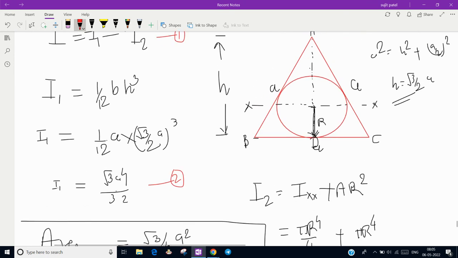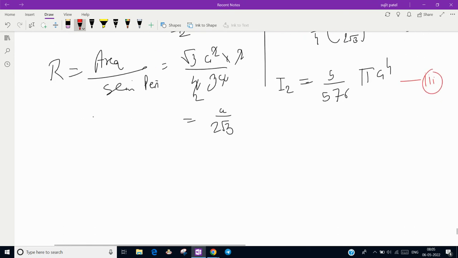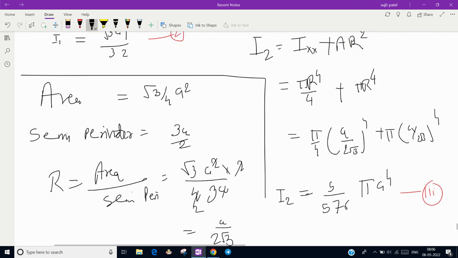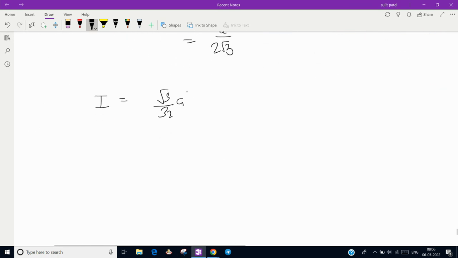Now what to do? Use 1, 2 and 3 in equation number 1. So you will get I, the required moment of inertia about the base, is root 3 by 32 a to the power 4 minus 5 pi by 576 into a to the power 4.